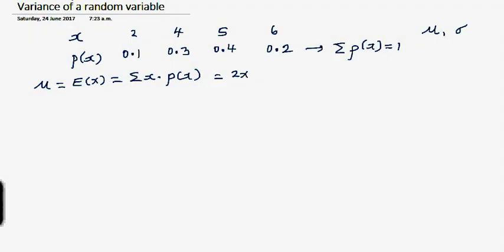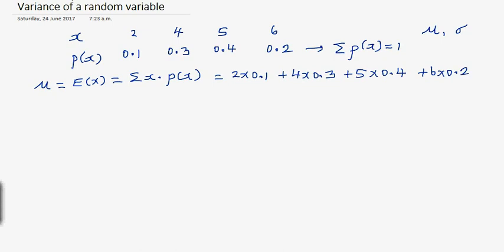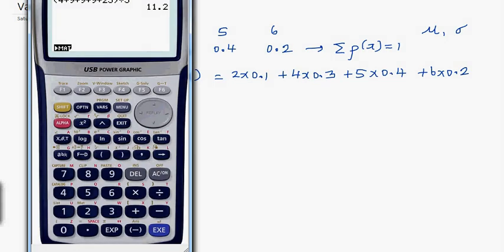So we know mu is basically the expected value of x, which is sigma x times probability of x. Let's do it out. So this is 2 times 0.1 plus 4 times 0.3 plus 5 times 0.4 plus 6 times 0.2. I don't want to make mistakes, so I want to use a calculator. So this is my Casio calculator.